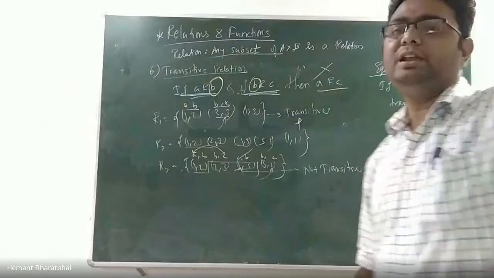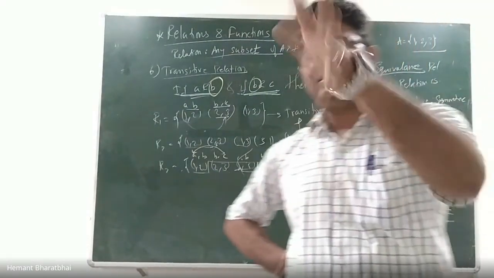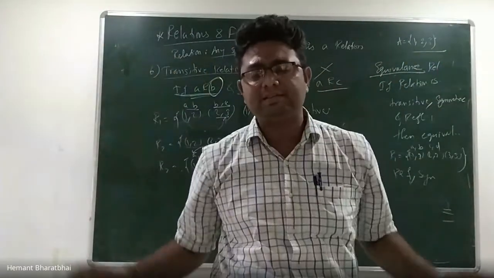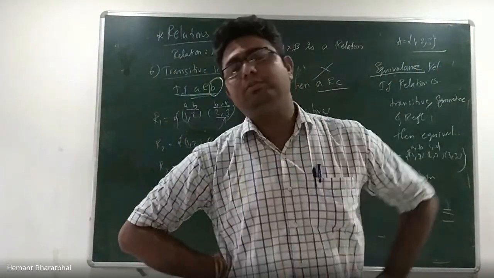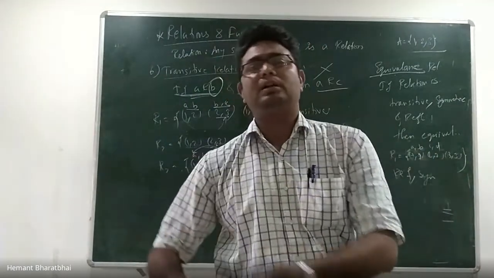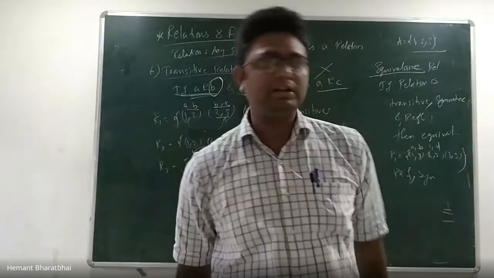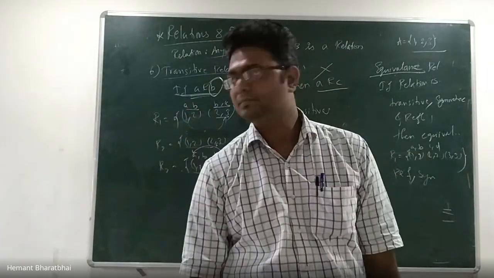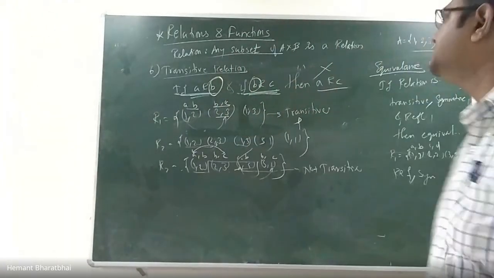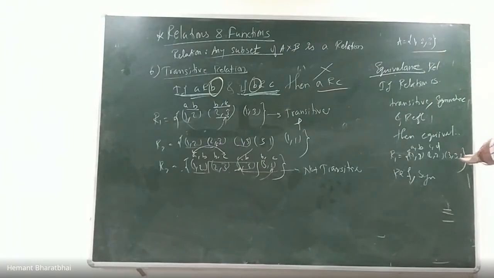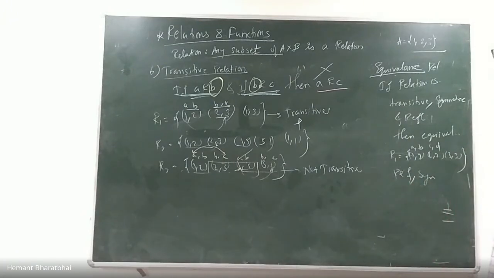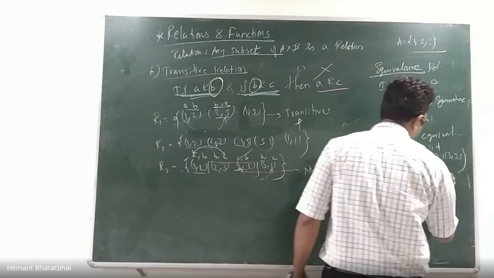Say each and every one of your classmates will not be related to each other because everyone has different parents. Very little chance of a relation between you two. The only relation between you is either that you are in the same class or the same school. That is the only relation you have. So we don't have to think about transferring the relation at all. So every identity relation will hence be a transitive relation. So it is transitive also.